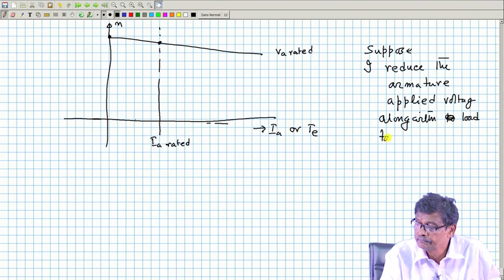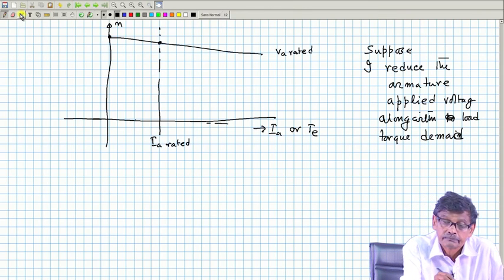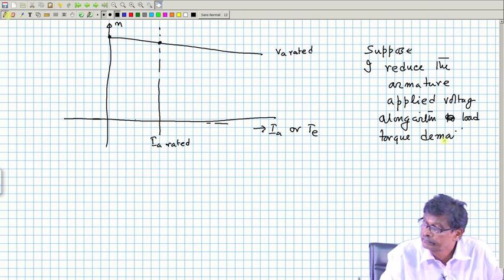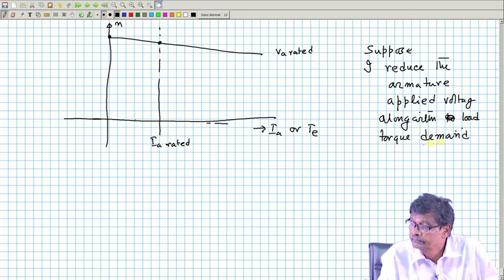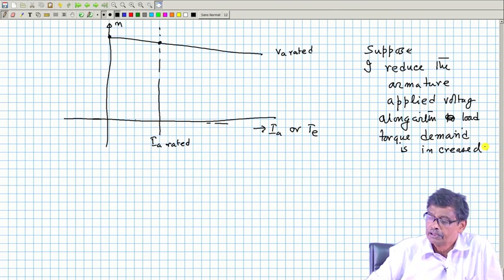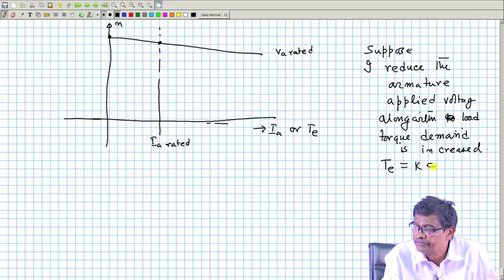And the load torque demand is here. Mind you, the electromagnetic torque developed by the machine is K phi IA.